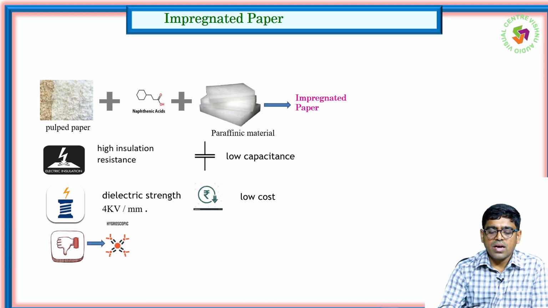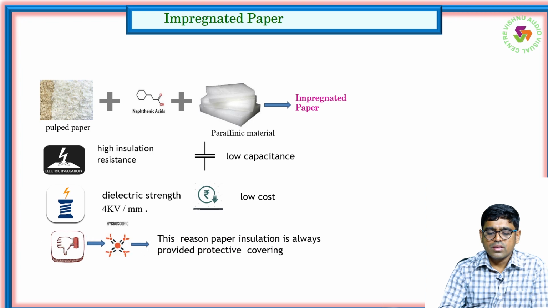The disadvantage is that it is hygroscopic, and for this reason paper insulation is always provided with a protective covering. Being hygroscopic means that with respect to water it is poor. So that is a disadvantage of impregnated paper, and we require some protective covering for it.